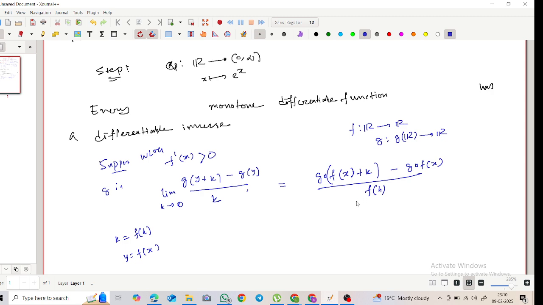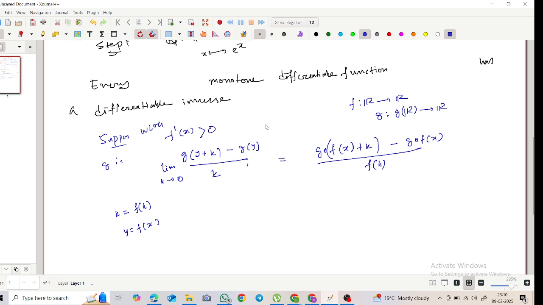Right. Now the next thing. See, k is f of h, right? So you can write f of x plus f of h minus g of f of x by f of h, right?